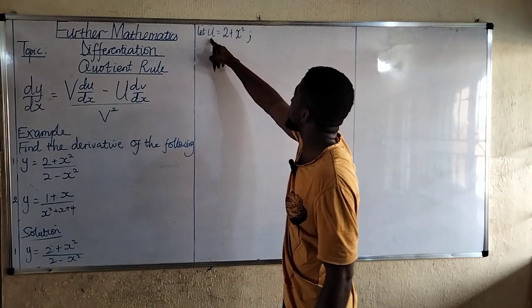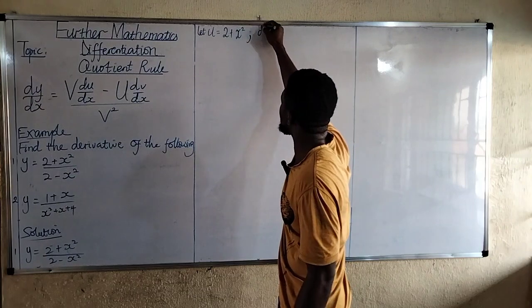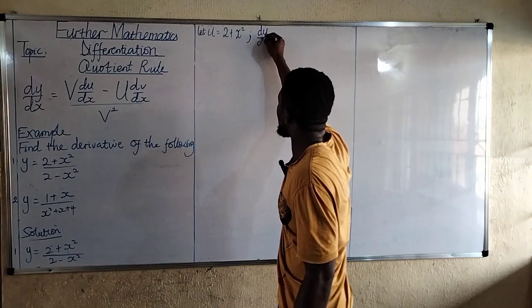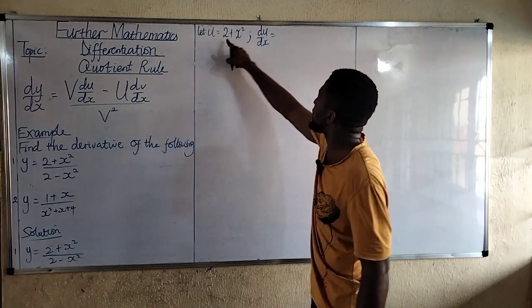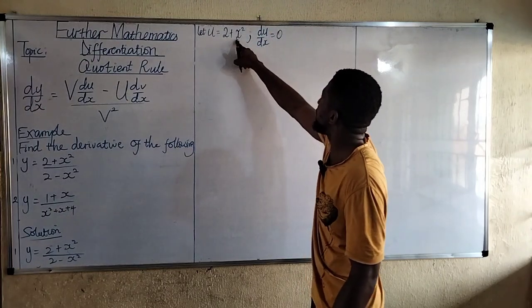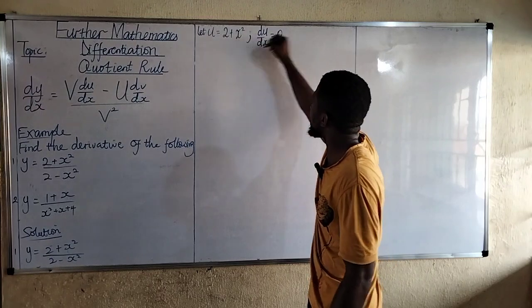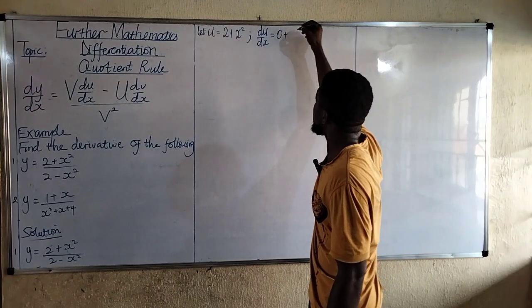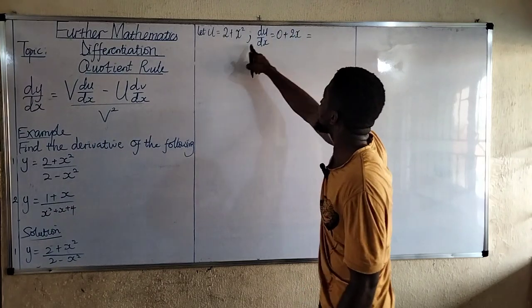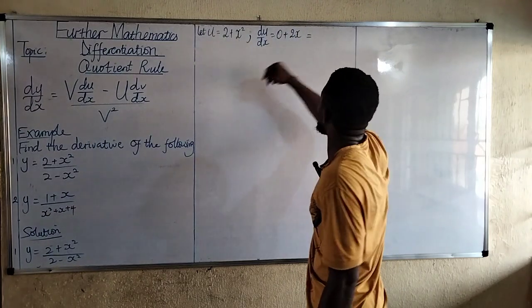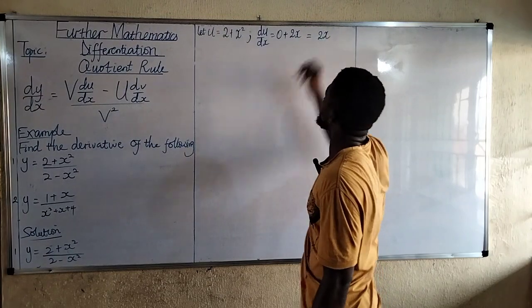Alright, if we differentiate u with respect to x, we have du over dx. So this will give us, if we differentiate 2, it becomes 0. If we differentiate this x squared from our first principle or general method, we will have 2x. So our answer after differentiating u with respect to x will be 2x.